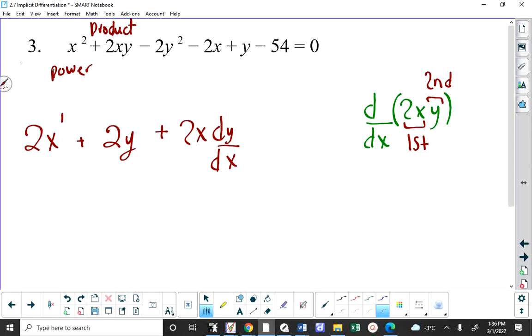I don't mean to clutter up the workspace here, but I want to make sure that you understand, whether you're watching this on video later or you're with me here. This is the derivative of the first. This is the second. This is the first. This is the derivative of the second.